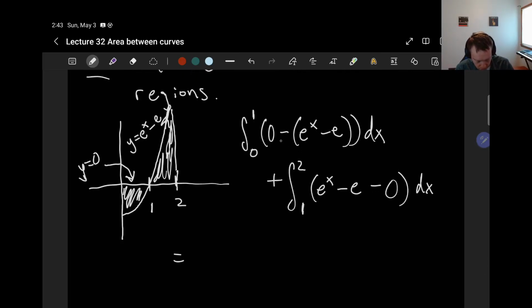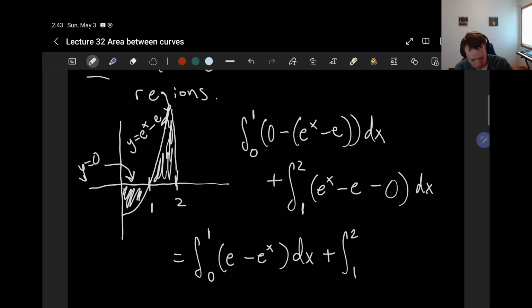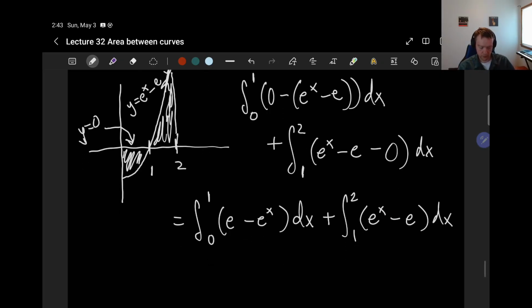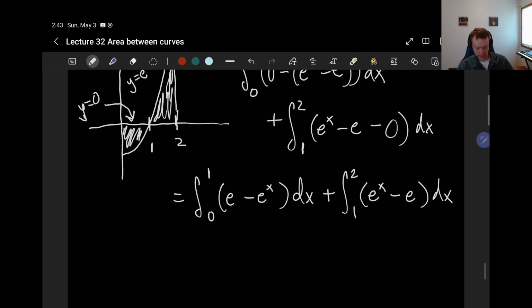Okay, so we get, let's clean this part up. Got a double negative for the just e part, then minus e to the x. Here it's the reverse, e to the x minus e. So now we're set up and we just need to solve.